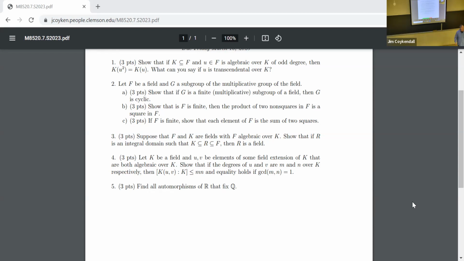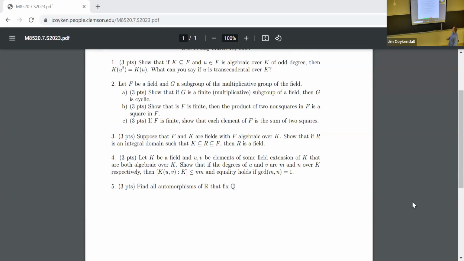Of course, when you take the field and take out the zero, that's a multiplicative group. Any finite subgroup of that is cyclic. That's actually kind of amazing. It means that if you have a finite field and take the zero out, the multiplicative group is not only abelian, it's in fact cyclic, which is really kind of cool.